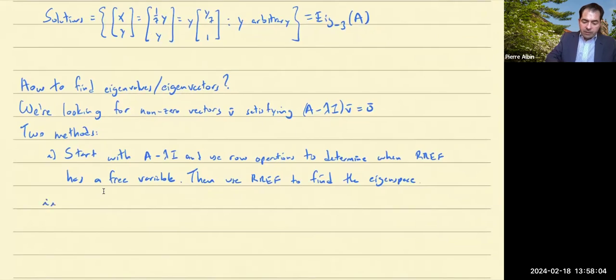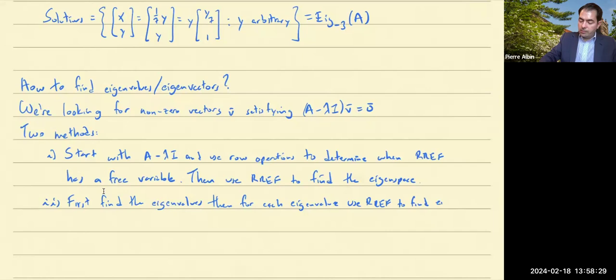There is a second method. First, find the eigenvalues. I'll tell you how to do that in a moment. Then for each eigenvalue, use reduced row echelon form to find the eigenspace.